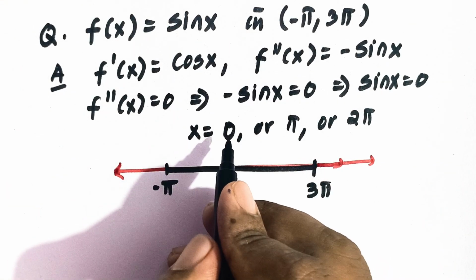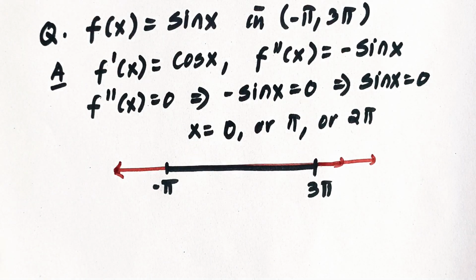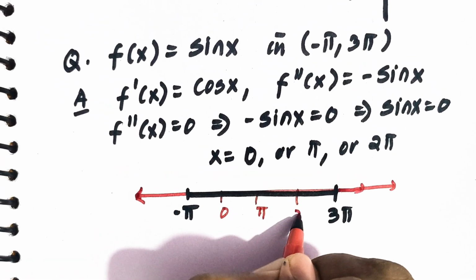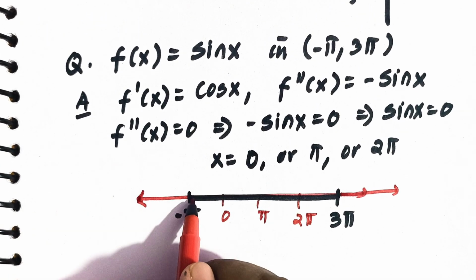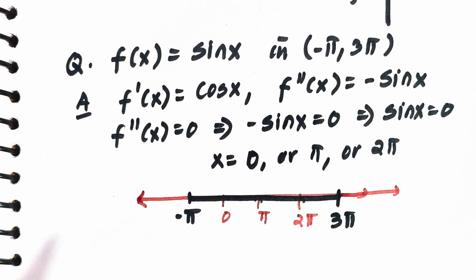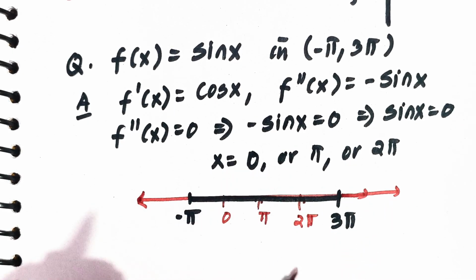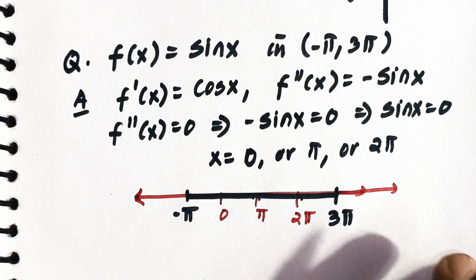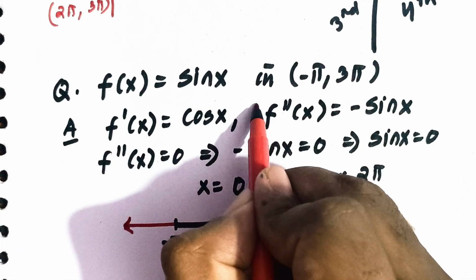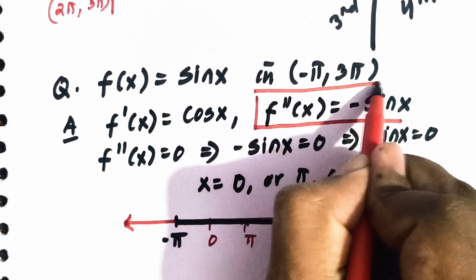So here we have 3 points: 0, pi, and 2 pi. Now we have 4 parts: minus pi to 0, 0 to pi, pi to 2 pi, 2 pi to 3 pi. In each part we will find the sign of the double derivative. So what is our f double dash? F double dash is minus sin x.